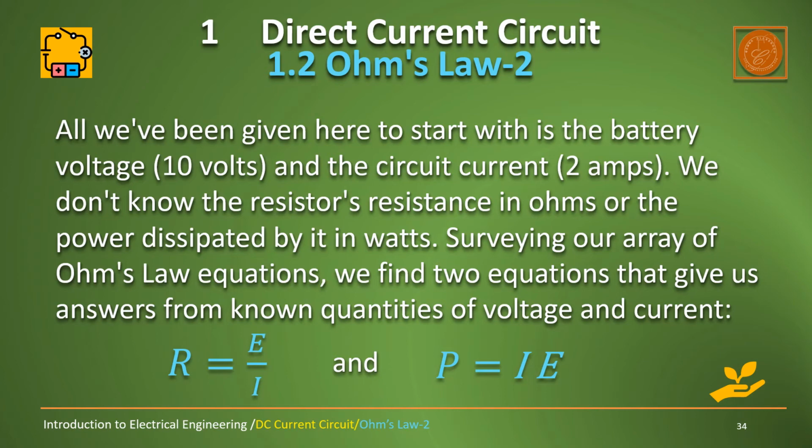Surveying our array of Ohm's law equations, we find two equations that give us answers from known quantities of voltage and current. R equals E divided by I. It means the resistance equals voltage divided by current, and the power equals current times the voltage.